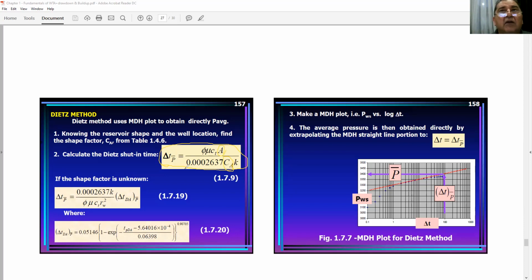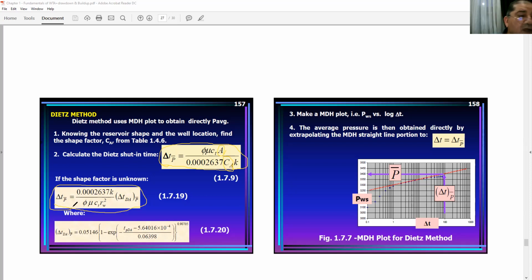Now, if you do not know the reservoir configuration and you do not know the shape factor, because sometimes the reservoir configuration is not a circle, not a square, not a rectangle, but something else, then you cannot find the shape factor from table 146.